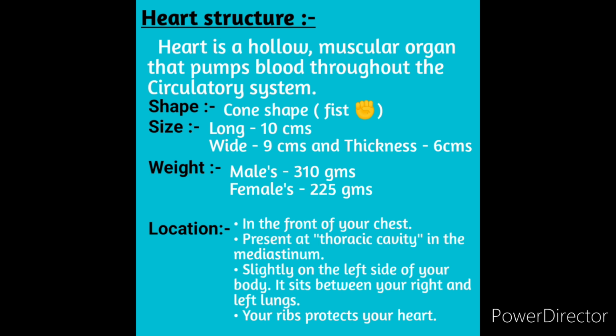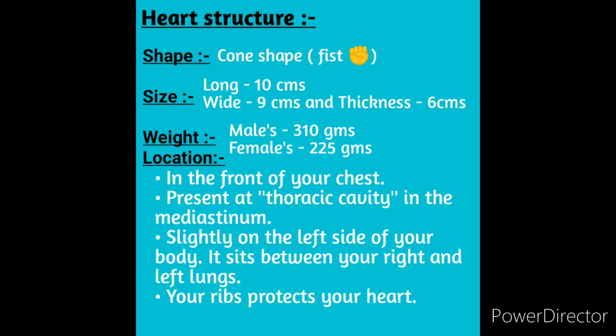Weight is different in males and females: males 310 grams, females 225 grams. Actually, the weight of the heart varies according to sex. The location of the heart is in front of our chest, in the thoracic cavity in the mediastinum, slightly on the left side of our body.